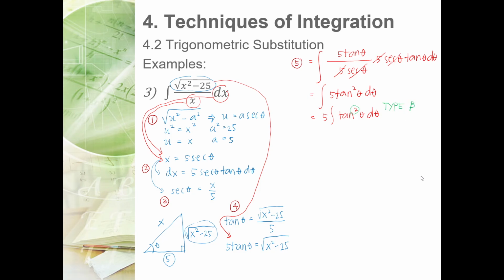Okay, so what we can do here is utilize the Pythagorean identity by replacing tangent squared theta with its corresponding identity, which is secant squared theta minus 1 d theta.